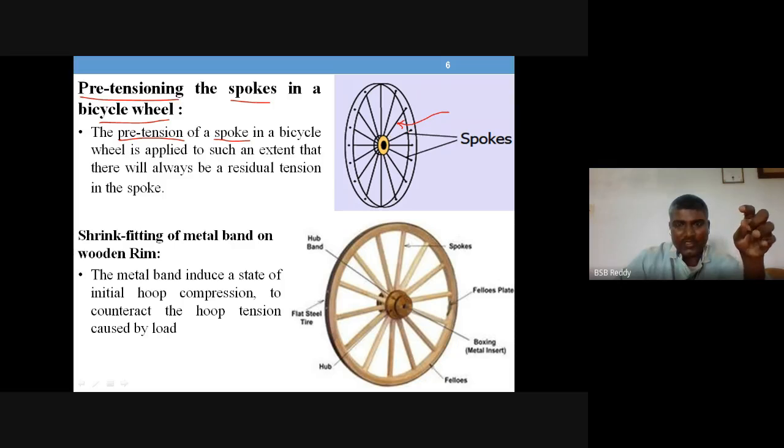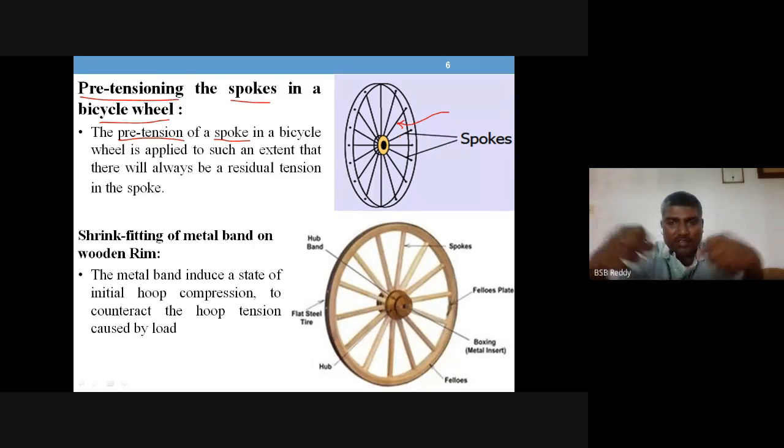When you visit a bicycle repair shop, they do that. Whenever you feel that your spoke is loosened, you take your bicycle to the shop, and he will take an instrument and screw it up to tighten the spoke, which means he induces tension.